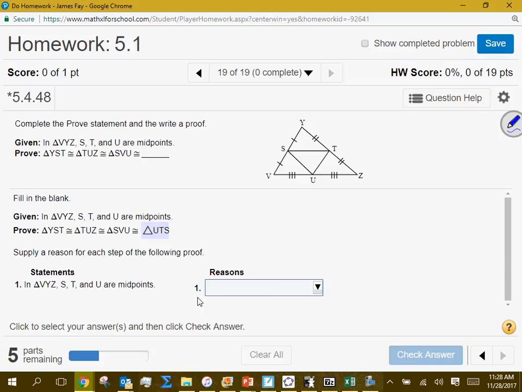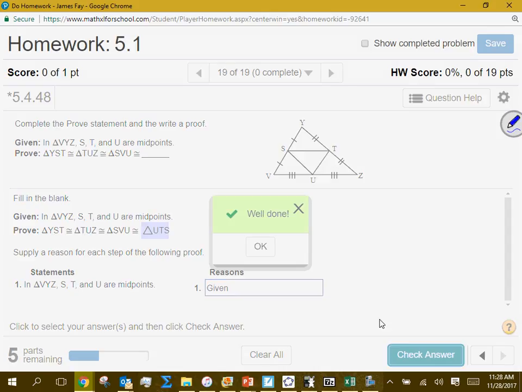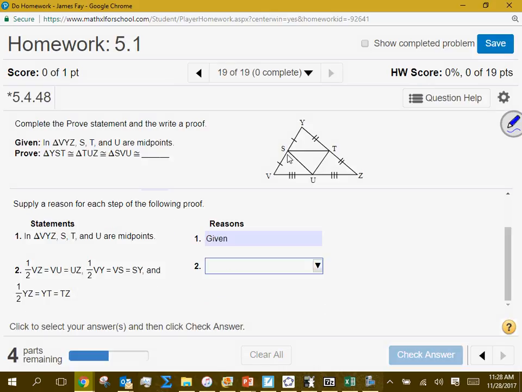It says VYZ, in that triangle, S, T, and U are midpoints, so that was provided, that's given. And that would then provide these congruencies that exist. Now, the fact that 1/2 VZ is equal to VU, which is equal to UZ. So VZ is this bottom one, right?